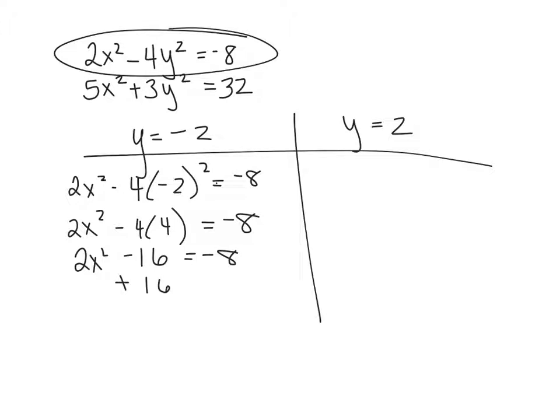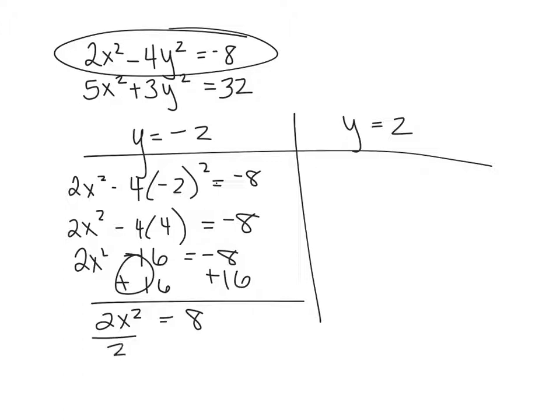We'll add 16 to both sides, and we get 2x squared equals positive 8, because negative 8 plus 16 is a positive 8. Then you divide by 2, and we get x squared equals 4. So take the square root of 4, and that's a negative 2 or a positive 2. So x can equal negative 2, and x equals positive 2.